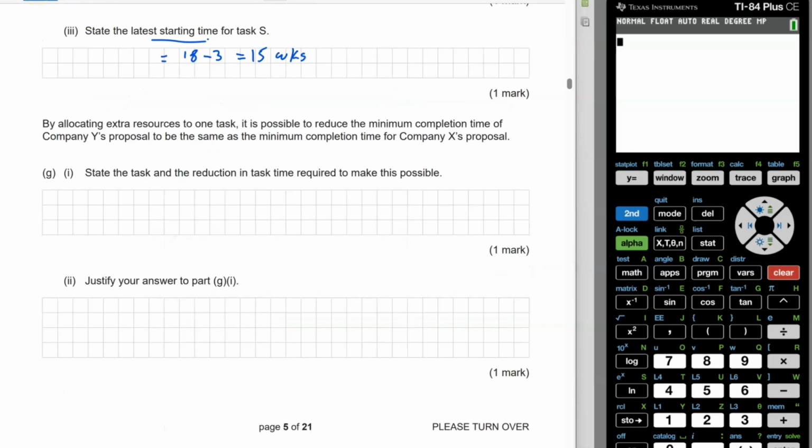So the next part of the question is they want to add extra resources because they want to have the same minimum completion time as company X's proposal. So if we go back, we're going to make sure that we reduce the time from 23, which is what it currently is, and the other one is 20. So we want to reduce it by 3 weeks to be the same.